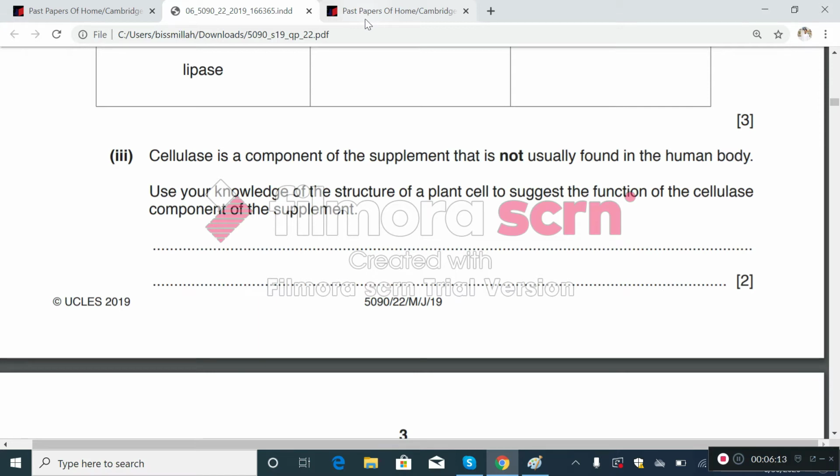Cellulase is an enzyme which digests cellulose. In human beings, cellulase is not produced, so we cannot digest cellulose. In this question, the examiner is asking you to use your knowledge of the structure of a plant cell to suggest the function of the cellulase component of the supplement.